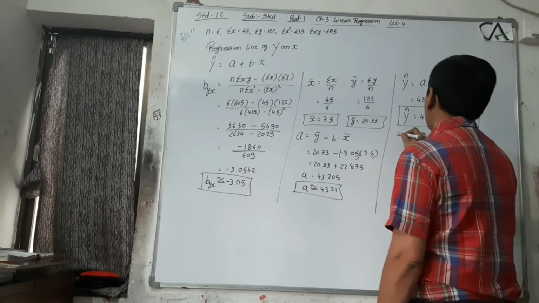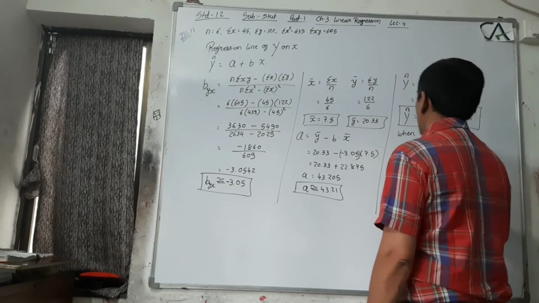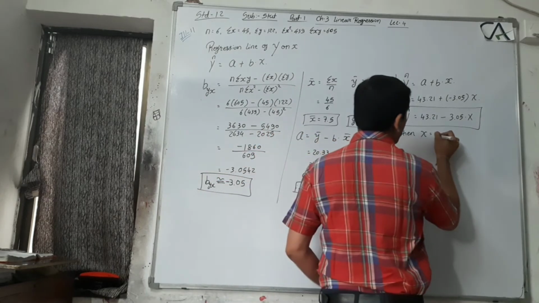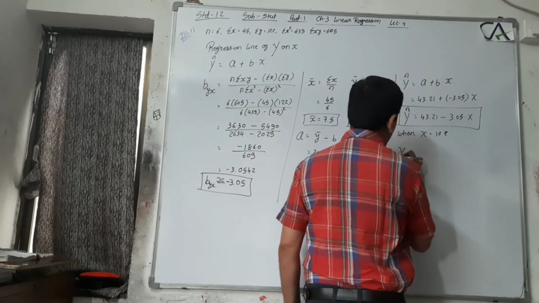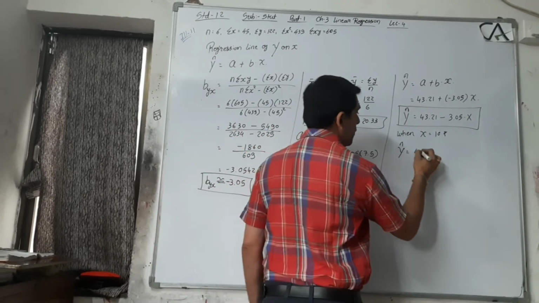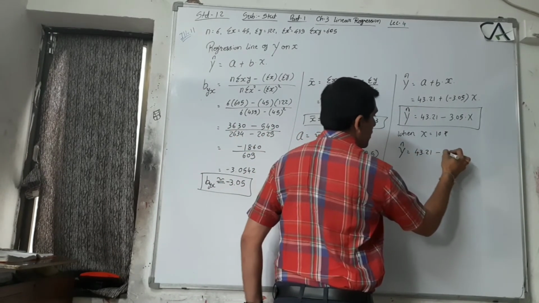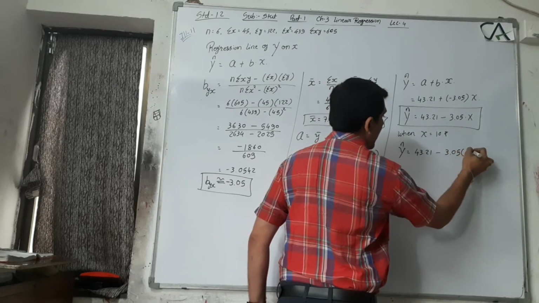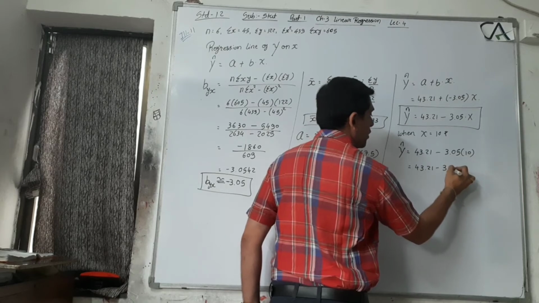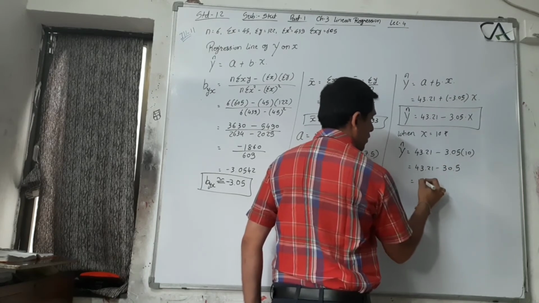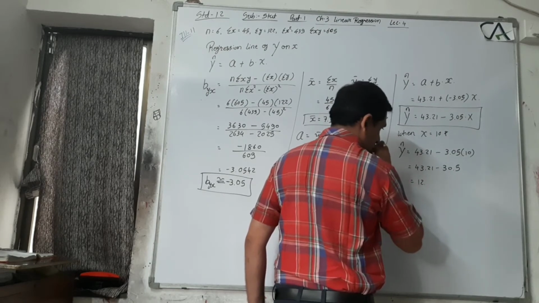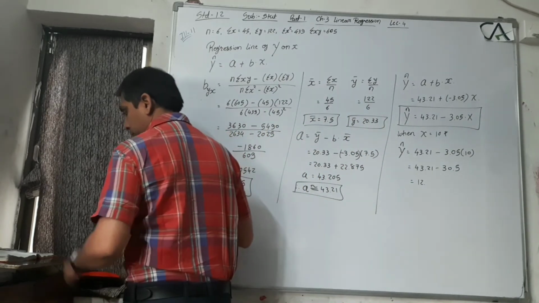Now when x is equal to the given amount, what is the given amount? 10 rupees, then what is the estimated value of y cap? That is 43.21 minus 3.05 into 10. 43.21 minus 30.5, 12.71.